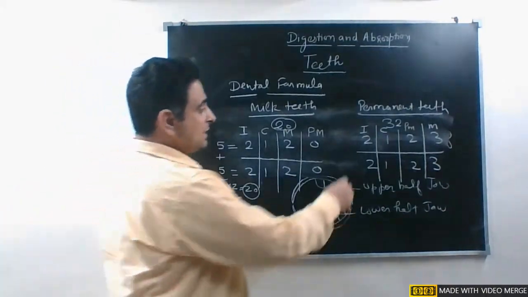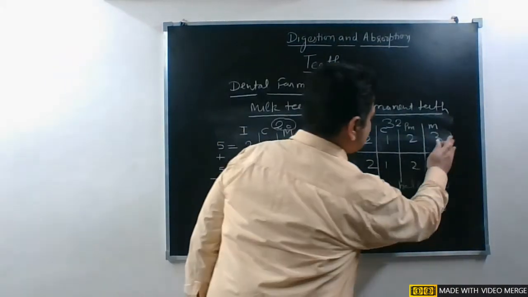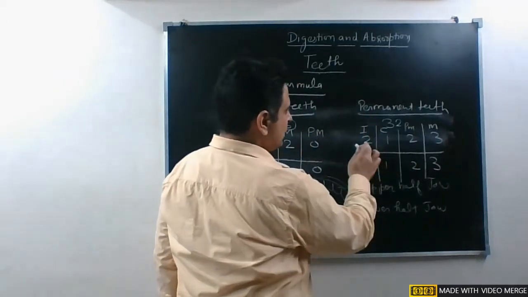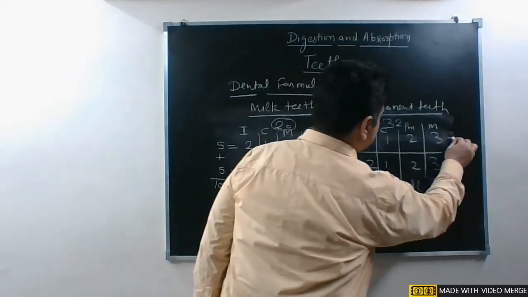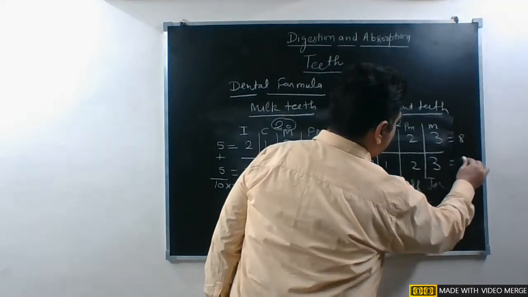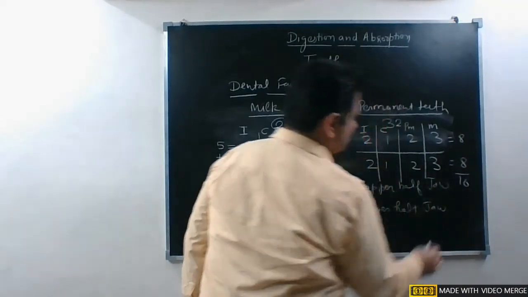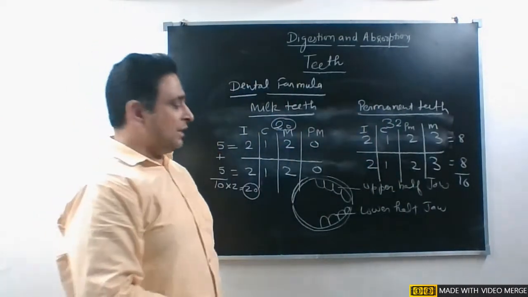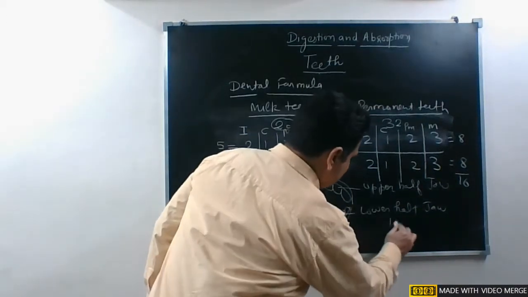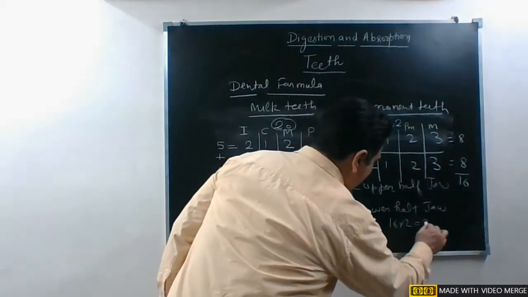So in this case, now in upper half, how many teeth are there? 2 plus 1 plus 2, that is 3 plus 2, 5 plus 3, 8. And in lower half, 8. Total is 16. So in upper half and lower half, 16 is the total. That is 16 multiplied by 2, that is 32.